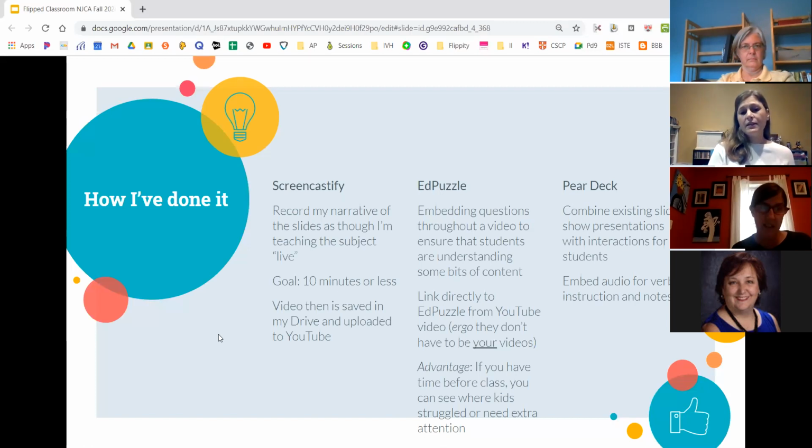Edpuzzle is great because you can use Screencastify videos and manipulate them in Edpuzzle, but Edpuzzle also gives you the entirety of the YouTube universe to manipulate with questions and other features. So you can very easily flip your lessons using other people's grammar videos in an Edpuzzle format.